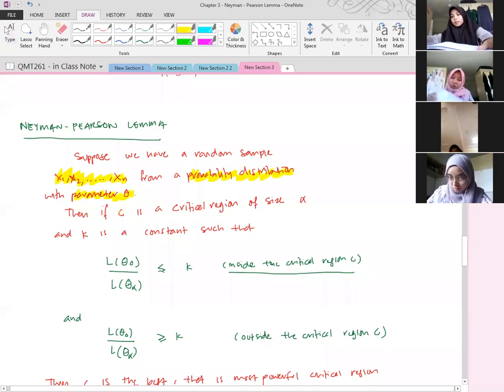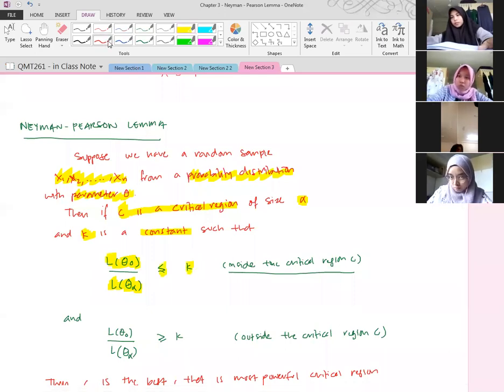If C is a critical region of size alpha and K is the constant such that the likelihood function for theta naught divided by the likelihood function for theta A is less than K, it is said to be inside the critical region, which means we will reject the null hypothesis.